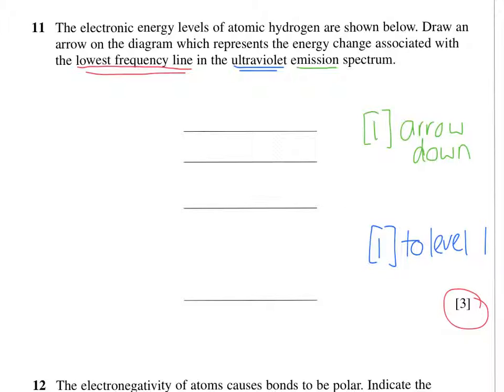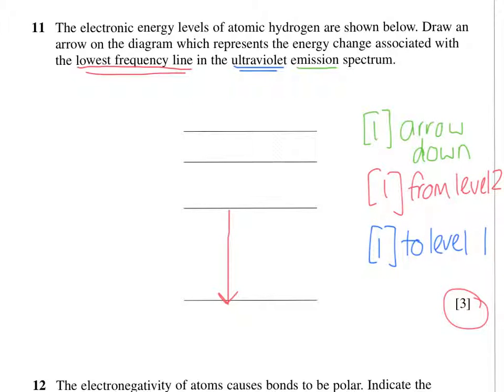It's going to be from n equals 2 down to n equals 1. And so now we finally have enough information to draw our arrow. So we are drawing a single arrow down from n equals 2 to n equals 1.